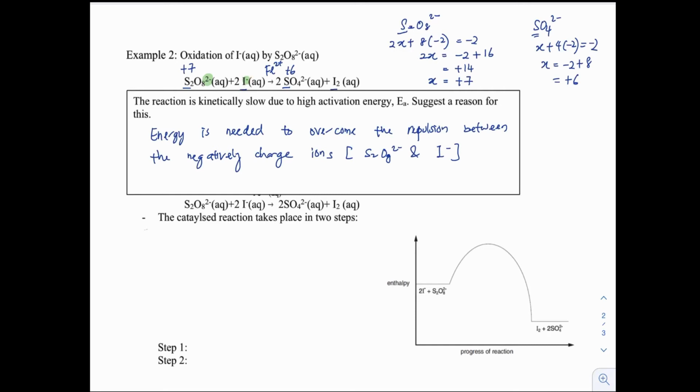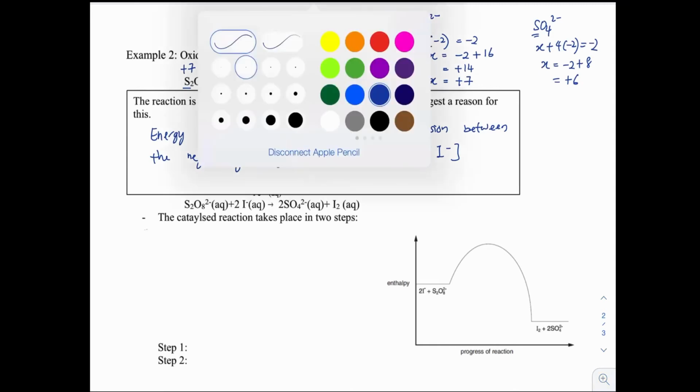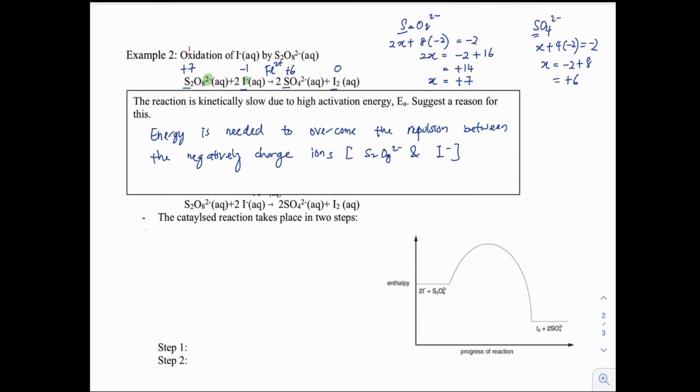And for this iodide, it is negative 1, and for this iodine, the I2, it is 0. So it is very clear that from plus 7 to plus 6, this is reduction. And from negative 1 to 0, this is oxidation.